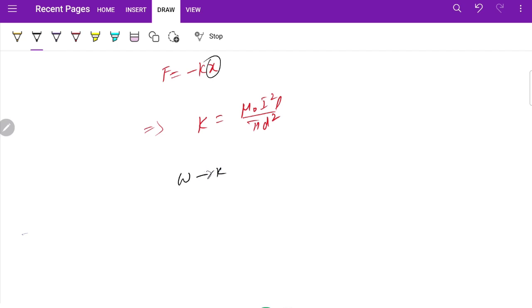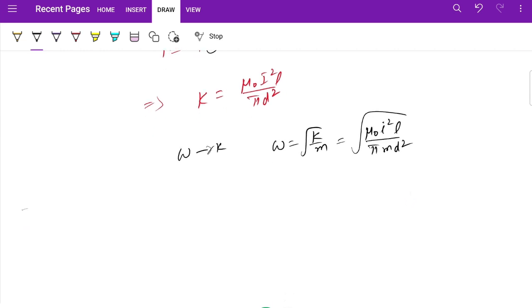What is omega? Angular frequency. So omega is equal to root of k by m. Now I substitute that. So omega will be the root of mu naught I square L by pi m d square. What is m here? Mass of the conductor B.